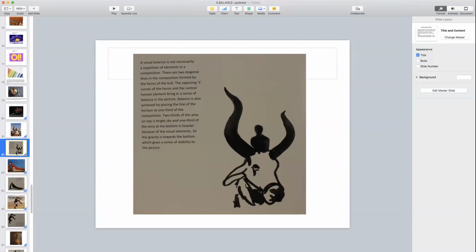Balance is also achieved by placing the line of the horizon at 1/3 of the composition. जो हमने बात की अभी 1/3 rule की. 2/3 of the area on the top is a bright sky and 1/3 of the area at the bottom is heavier because of the visual elements. So the gravity is towards the bottom, which gives a sense of stability to the picture.